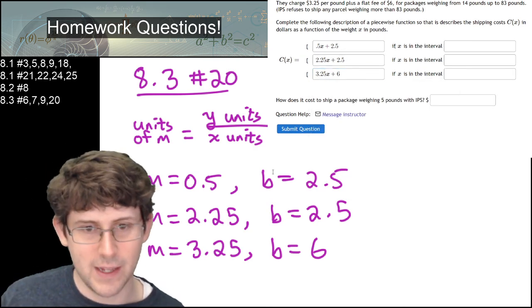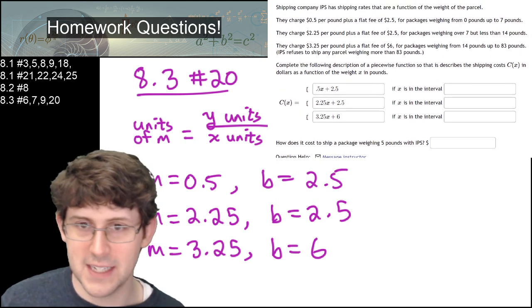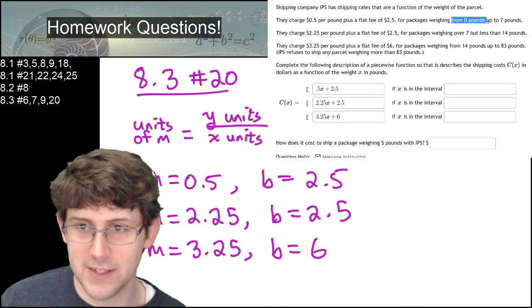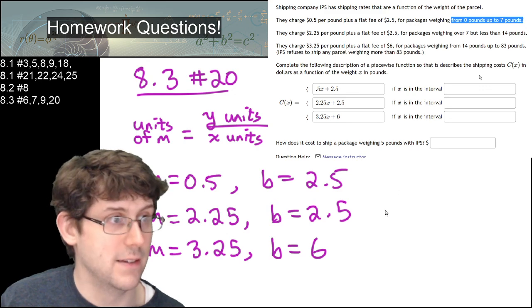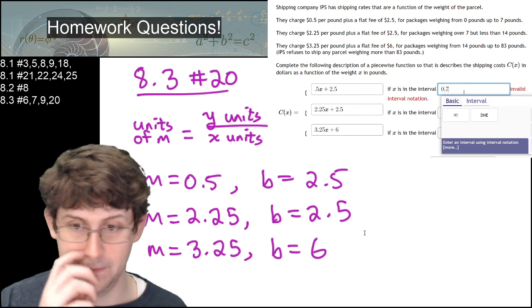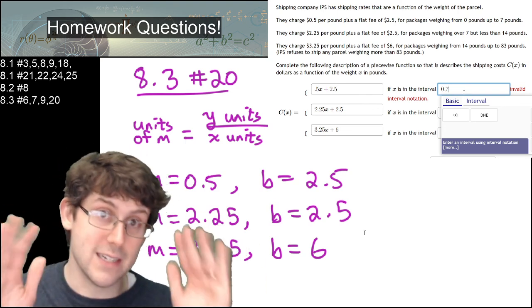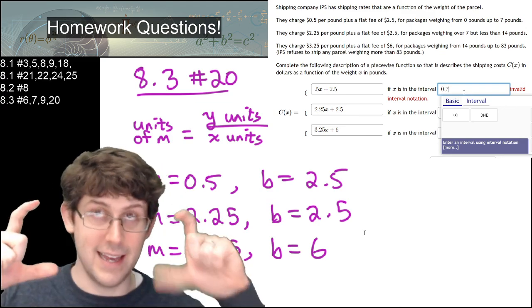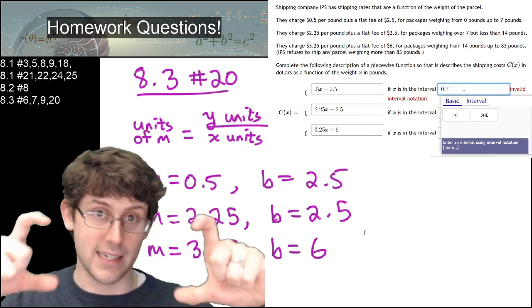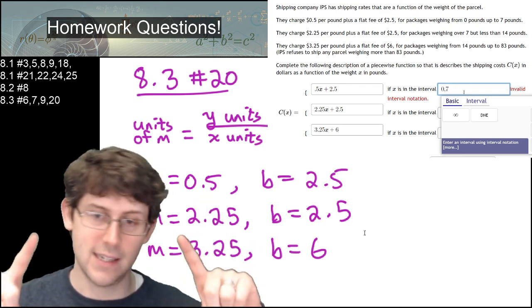But then it says, well, for what intervals? Oh, okay. Well, this interval says from 0 pounds up to 7 pounds. So this one is the interval from 0 to 7. To enter an interval, you have to say whether the endpoints are included or not. An endpoint that's included has square brackets, and an endpoint that's not included has parentheses.